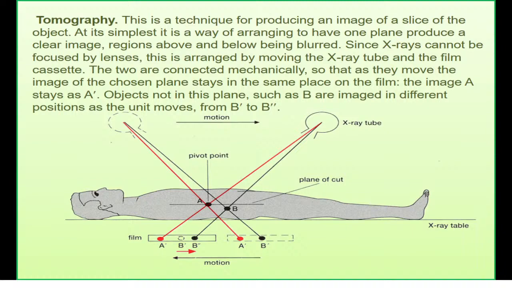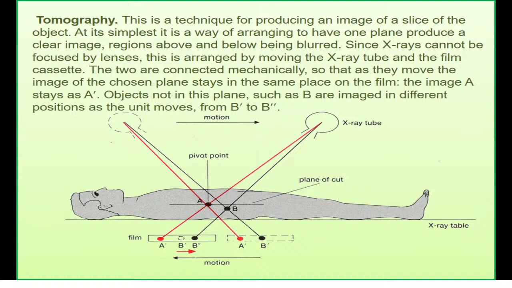Since X-rays can't be focused by lenses, this is arranged by moving the X-ray tube and the film cassette. The two are connected mechanically so that as they move, the image of the chosen plane stays in the same place on the film.